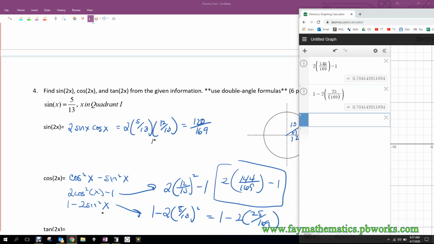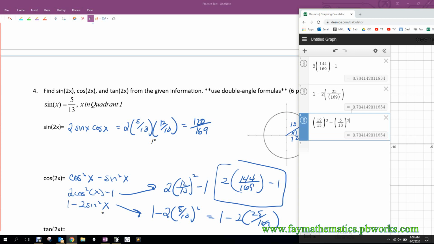And then if I did the cosine, so the cosine would have been 12/13 squared, then minus the sine squared, which would have been the 5/13 squared.